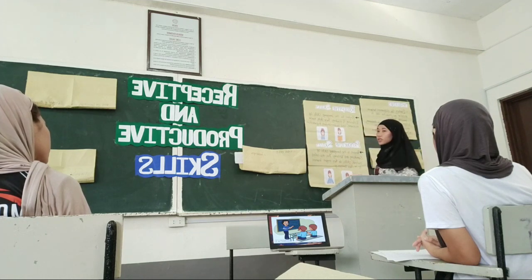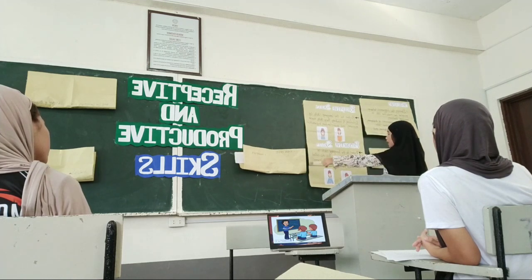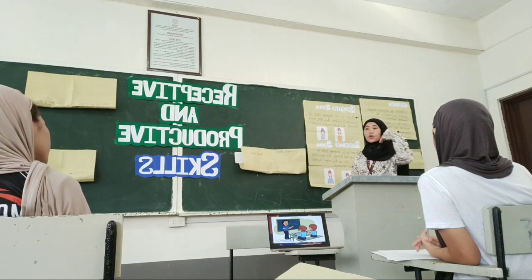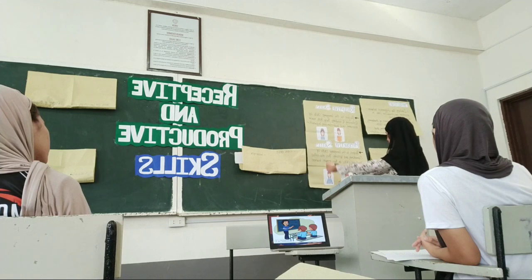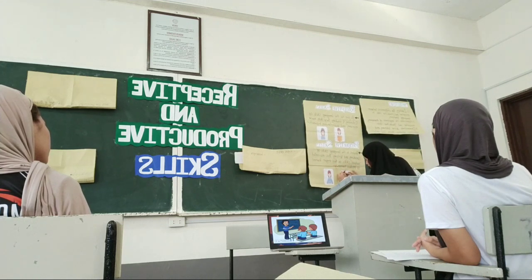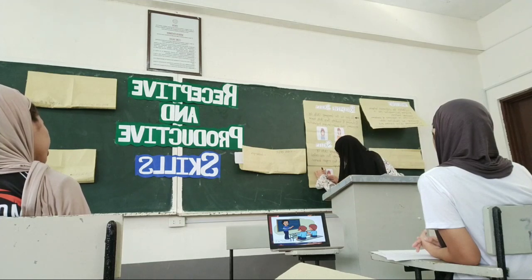Receptive skills is comprehending, and productive skills is we produce language. So one example is speaking and writing. This is like hi, this is one in speaking, and this is writing.